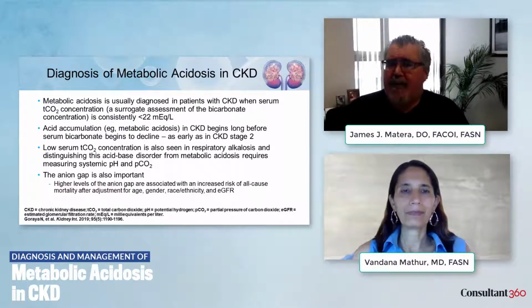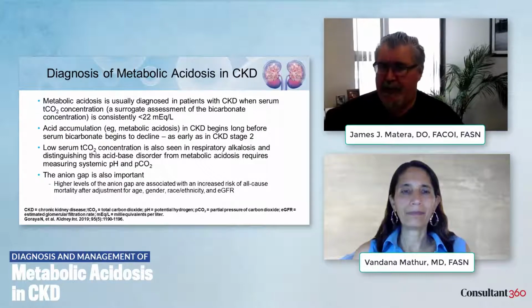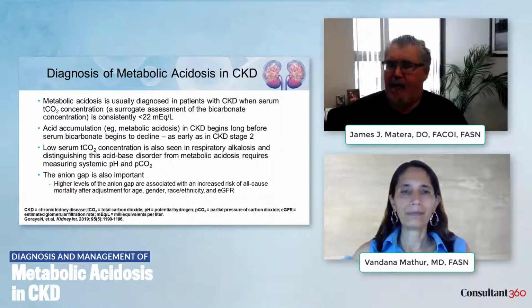So we usually will diagnose this in patients with CKD when the serum bicarbonate concentration, or serum total CO2 concentration, which is a surrogate assessment of the bicarbonate, is consistently below 22 milliequivalents per liter. When you have acid accumulation, as you see in metabolic acidosis, when this happens in CKD, it begins way before the serum bicarbonate even begins to decline.